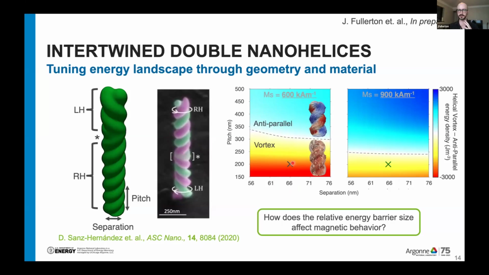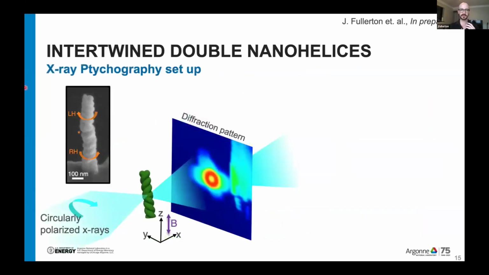So to do this experimental work and to compare these two different systems, we used X-ray ptychography, and this was done at the HERMES beamline at SOLEIL in France. And so we're using circularly polarized X-rays, scanning it across our magnetic nanostructure. In ptychography, we would typically collect diffraction patterns at each scan spot.